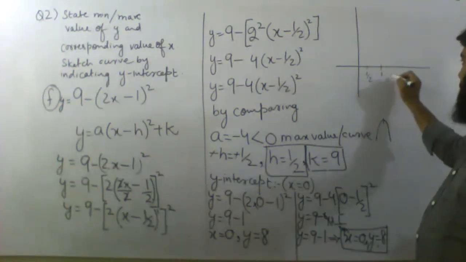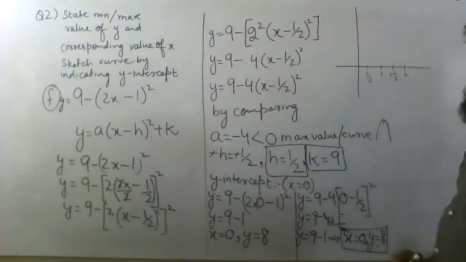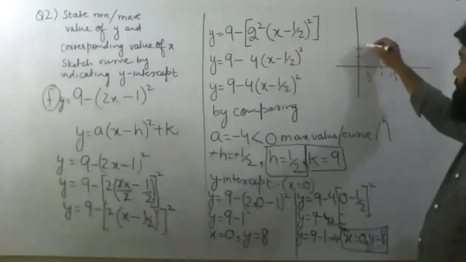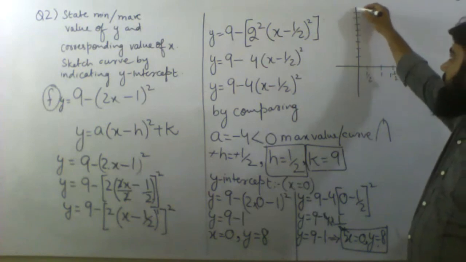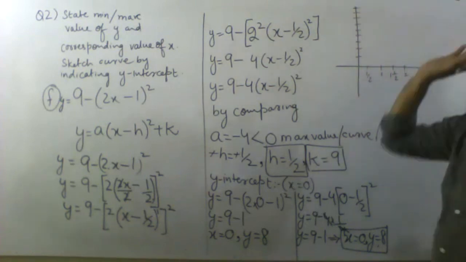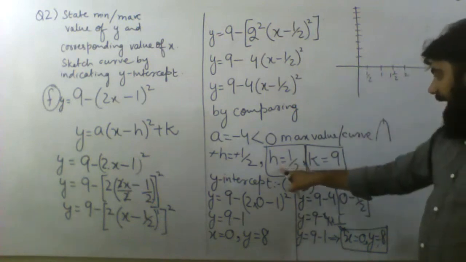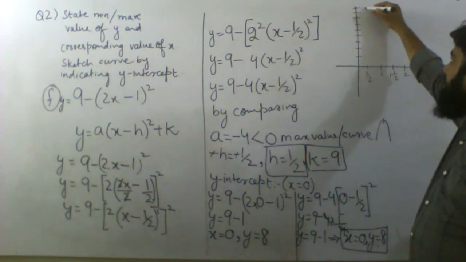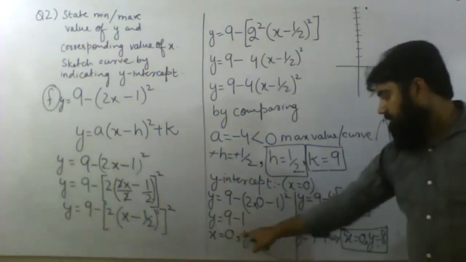Half, 1, 1.5, 2. Then 9: 1, 2, 3, 4, 5, 6, 7, 8, 9. Just rough sketching. You don't have to show everything over here. h is half, k is 9. Y-intercept 0 and 8.